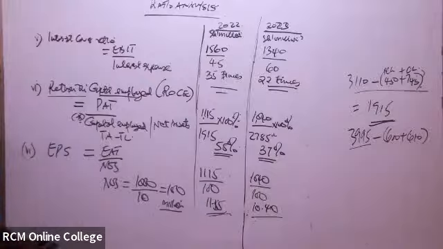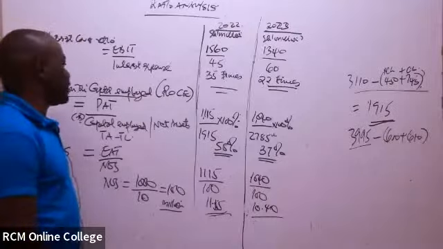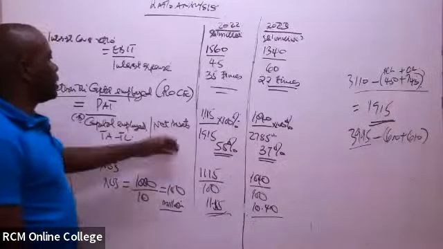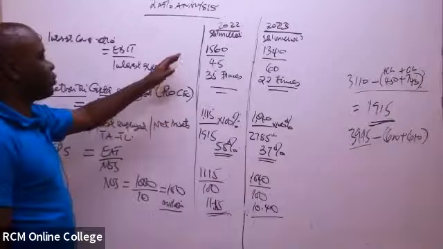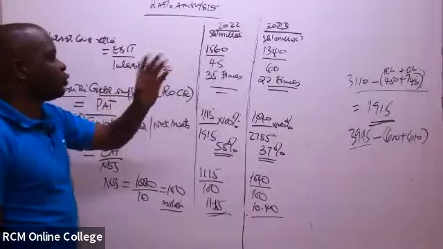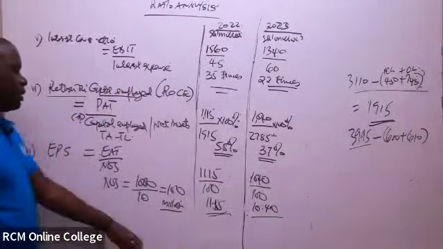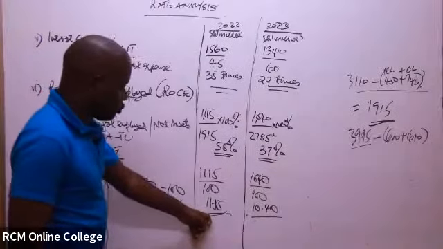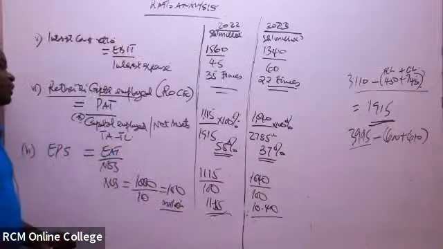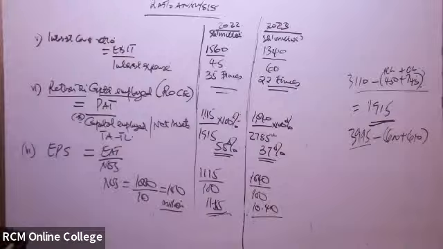Sometimes they can call upon you to comment on the ratios. So always do the comparison and see what is happening. For example, as we've been saying, maybe here they were able to cover the interest, so they are performing better compared to 2023. Here the earnings were very strong for the ordinary shareholders compared to 2023.